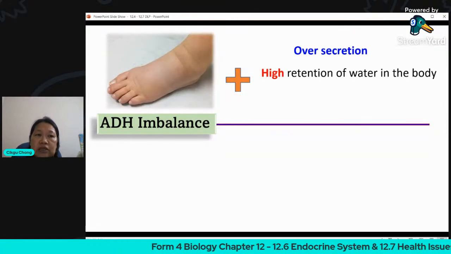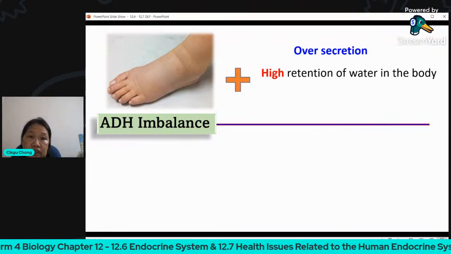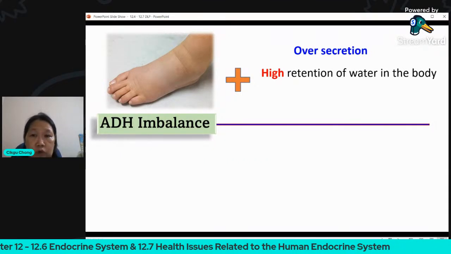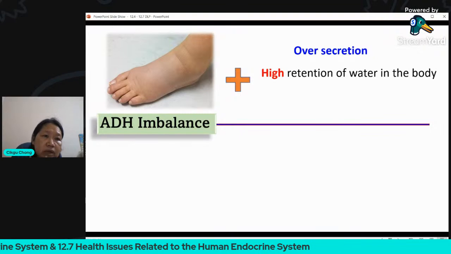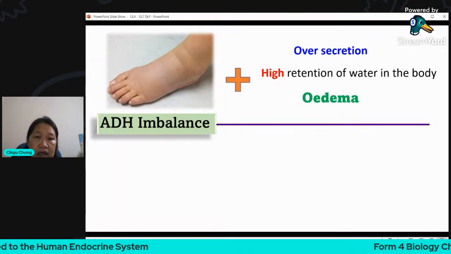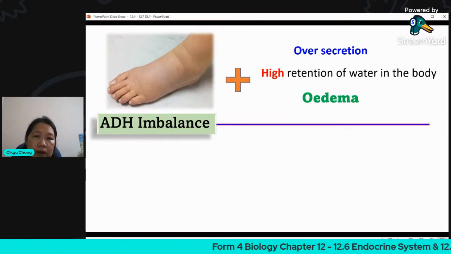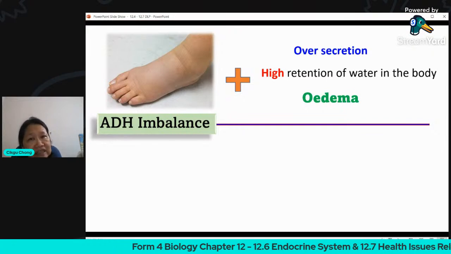That means you will not be able to release a lot of water out from your body. So you have high retention of water. Then certain parts of your body may become swollen, bloated. So you have edema. Even though you spell it with an O, you don't pronounce it that way. You pronounce it edema.